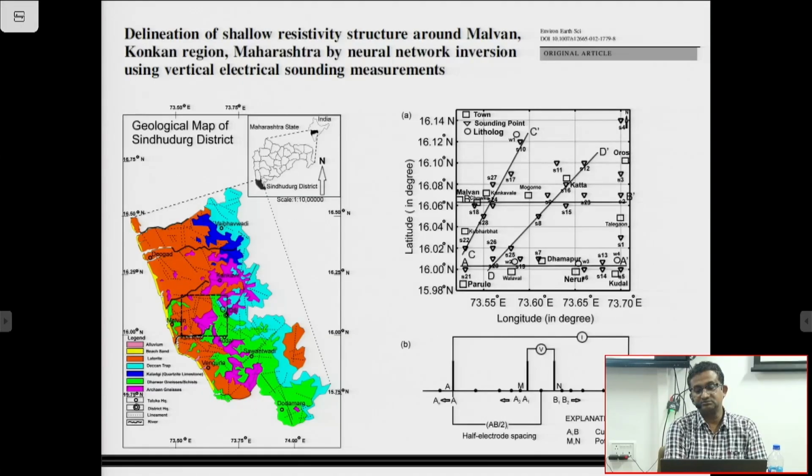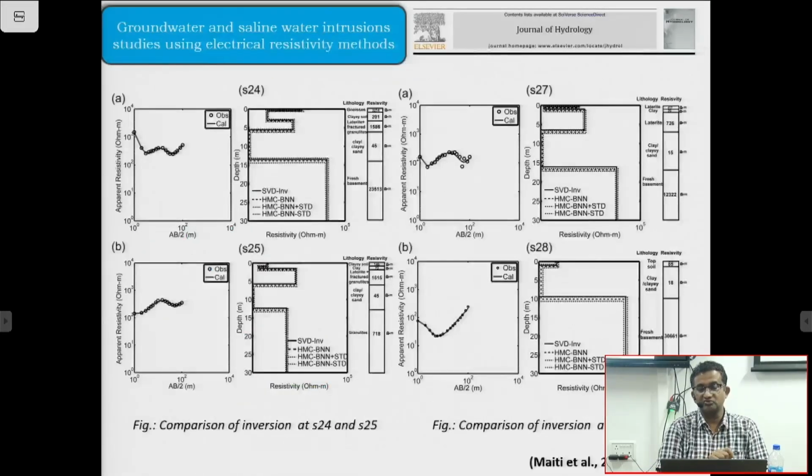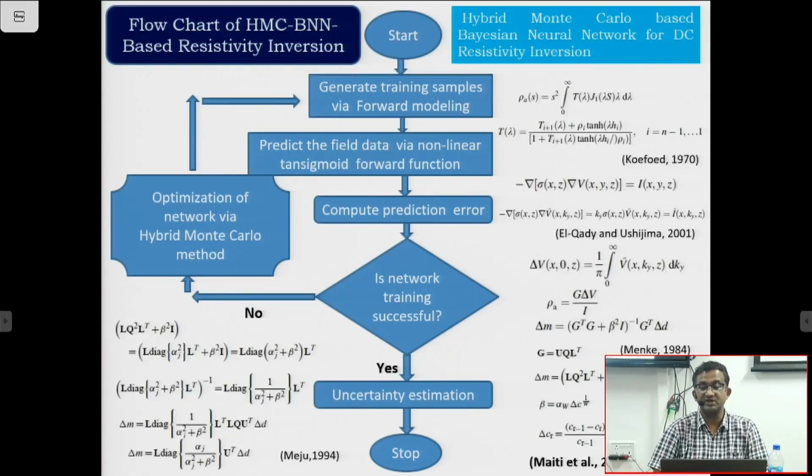At a point, these configurations allow changing the current electrode spacings as well as the potential electrode spacing. And by injecting the current, we measure the voltage. There is a formula: delta V is the change of the voltage, G is the geometrical constant, I is the current.